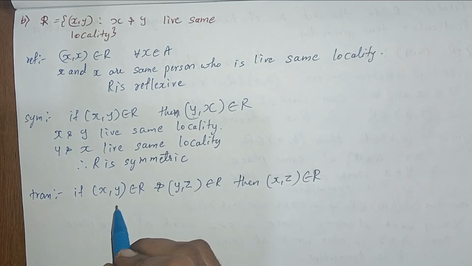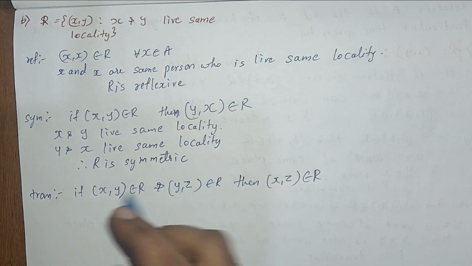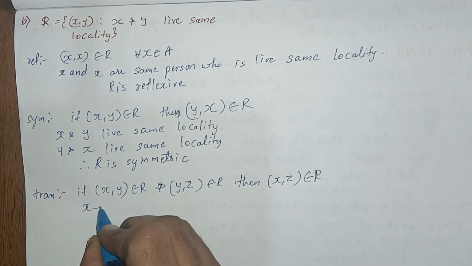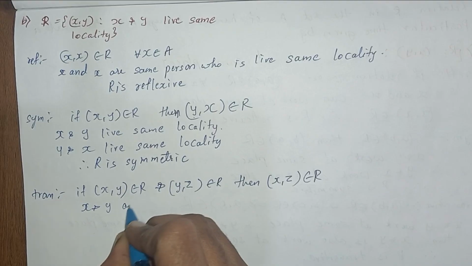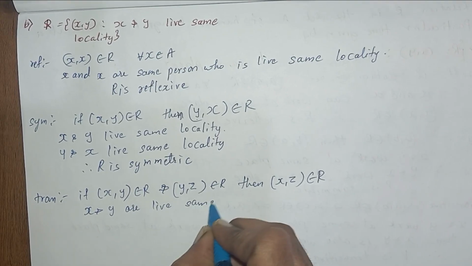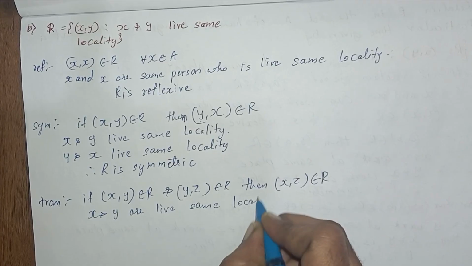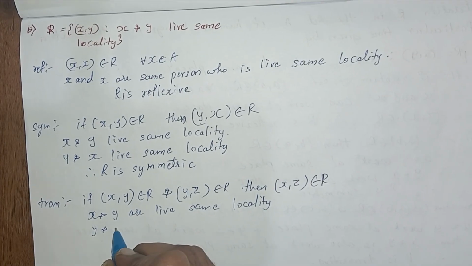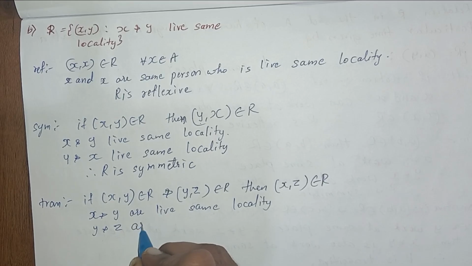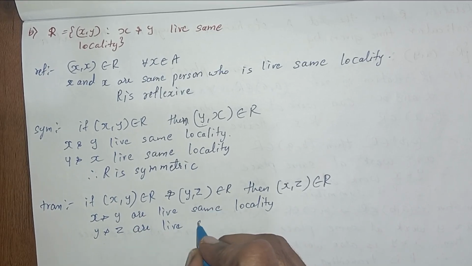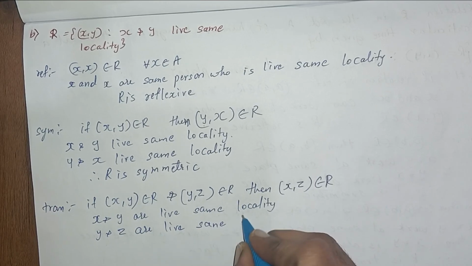So here x and y are living in the same locality, and y and z are also living in the same locality.